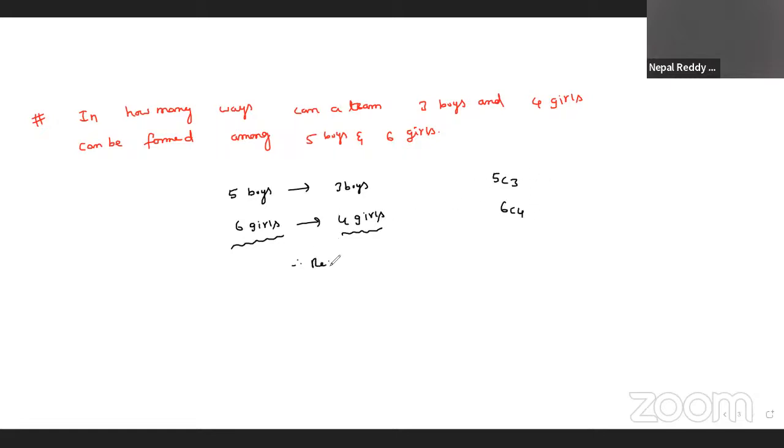Therefore, required ways equal to 5C3 into 6C4. The value of 5C3 is 10 and the value of 6C4 is 15, and hence you will get 150. Next, we go for another question.